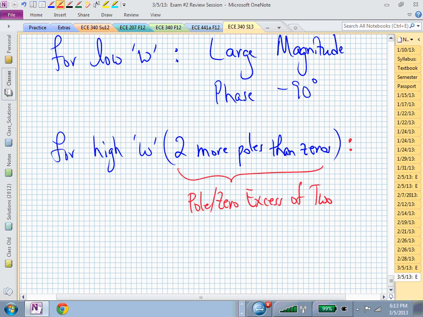And 2 poles contribute 2 times minus 20 dB per decade. Your magnitude then is going to be sloping at minus 40 dB per decade at high frequencies. That's how you could check your resulting Bode plot. This is the answer in the back of the book.